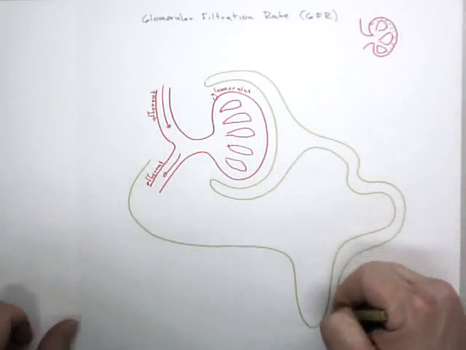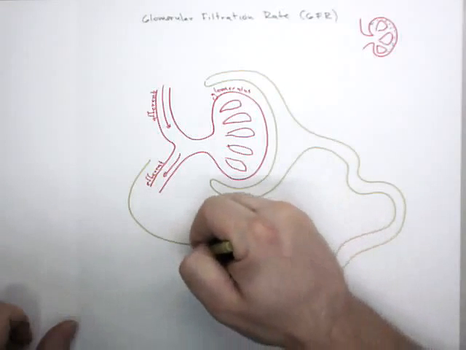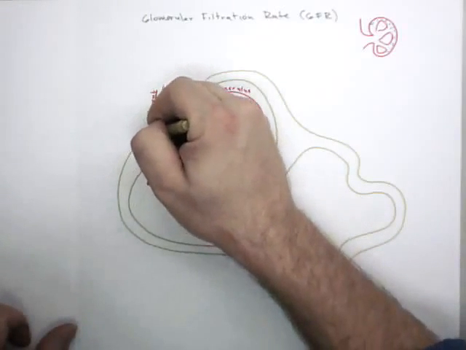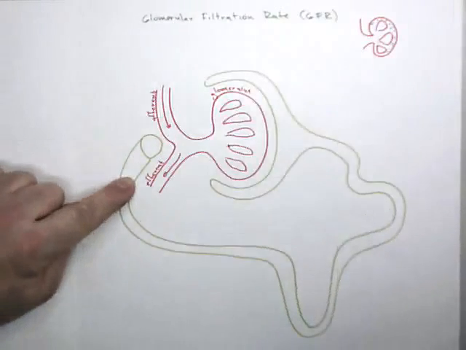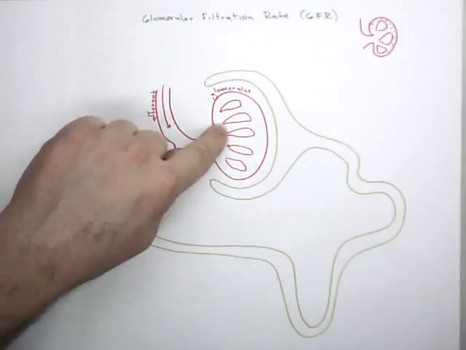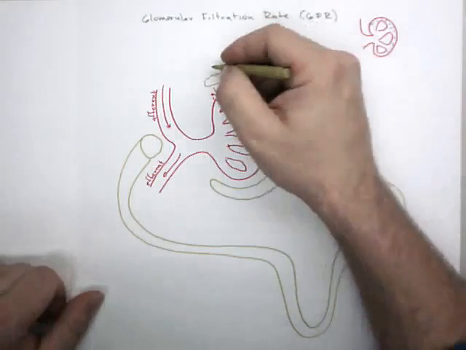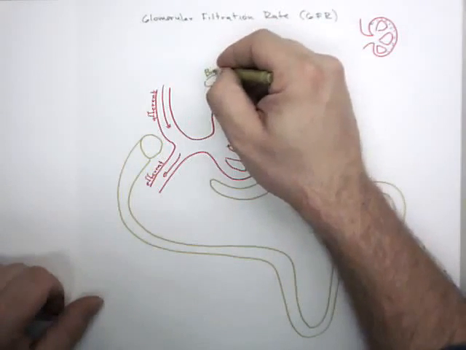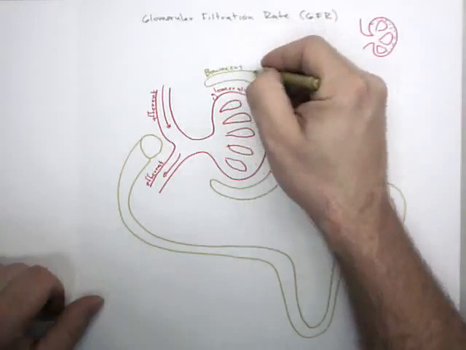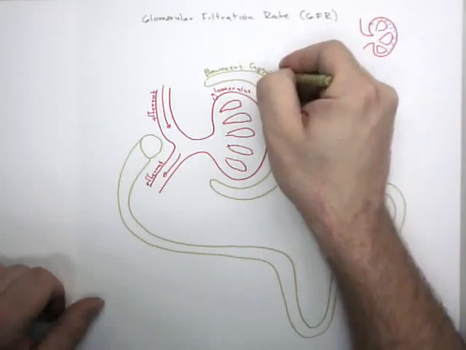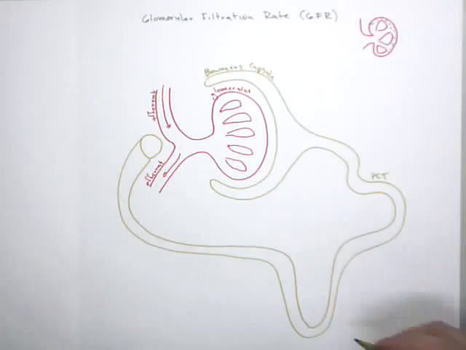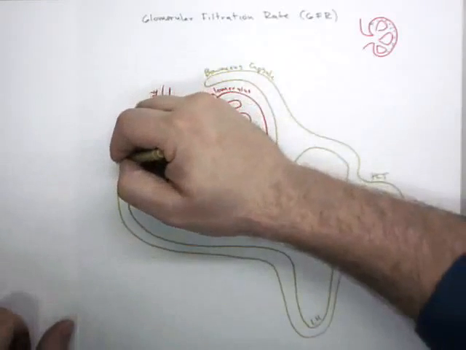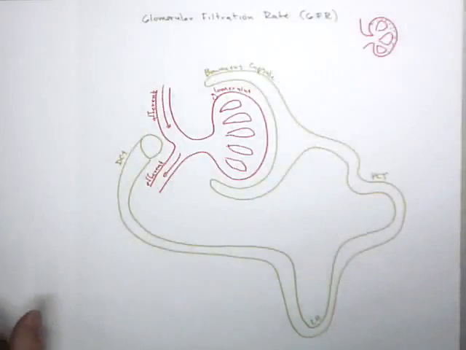It's going to dip down through something called the loop of Henle, go through the distal convoluted tubule. And a very important thing that we're going to talk about here in a second is it's going to come back near the afferent and the efferent of the glomerulus that first gave way to the filtrate. So again, this would be called Bowman's capsule. It's called the proximal convoluted tubule, which I'll shorten to PCT. This is the loop of Henle, and this is the distal convoluted tubule.